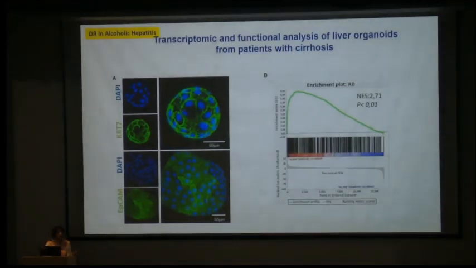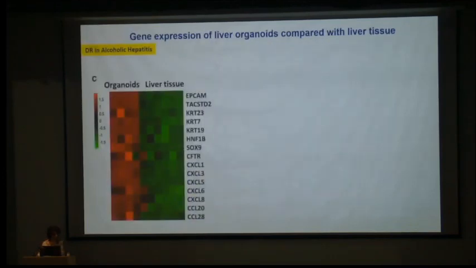And in another manuscript, again on alcoholic hepatitis, they made organoids from healthy and from AH liver, and again they looked at keratin 7 and EpCAM, and then did single-cell sequencing in the organoids and the liver tissue.